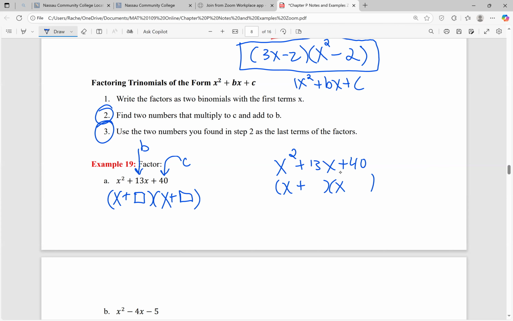So I'm going to have plus 8 and plus 5 for the last 2 terms of my factors. And you could have done it in the opposite order. You could have written x plus 5 times x plus 8. Order doesn't matter when we multiply. And again, to check your answer, you could multiply out, use FOIL for the x plus 8 times x plus 5, and we're going to get the original expression.